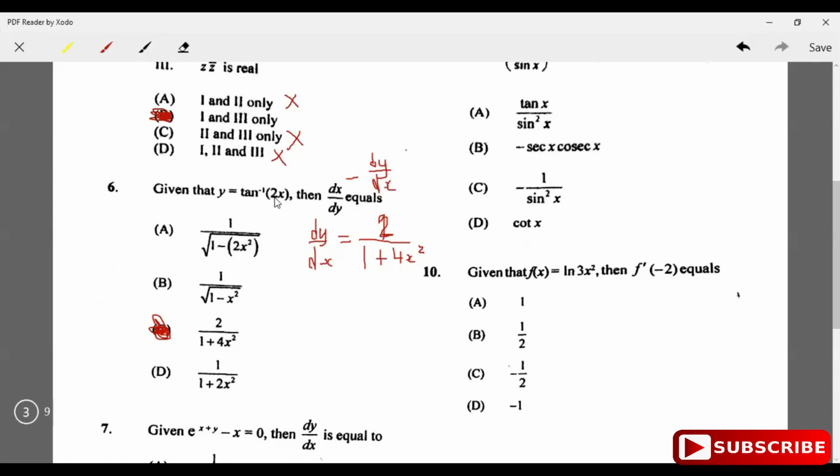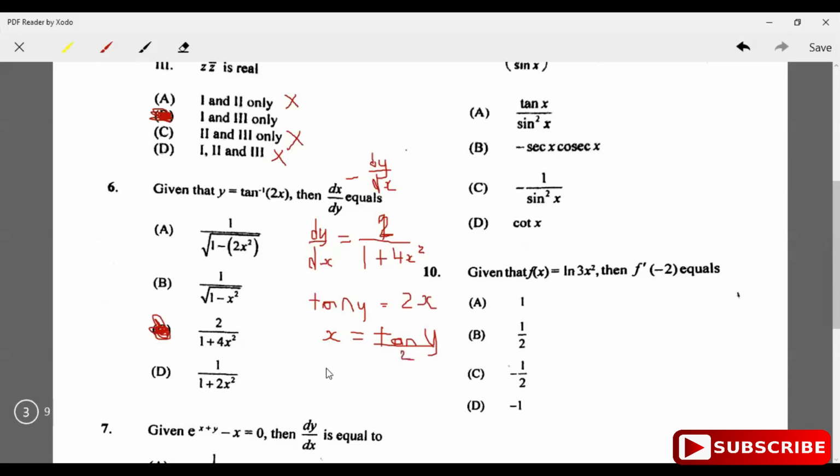Because think about it. If we were to take the tan off both sides, we would get that tan y is equal to 2x. Then we could differentiate both sides with respect to y, and we need x the subject. So x is equal to tan y over 2.